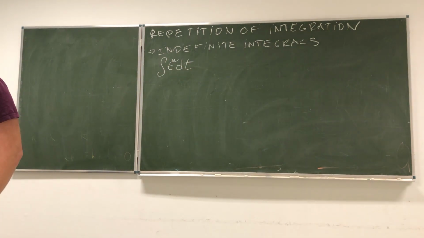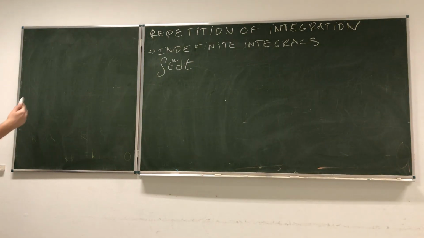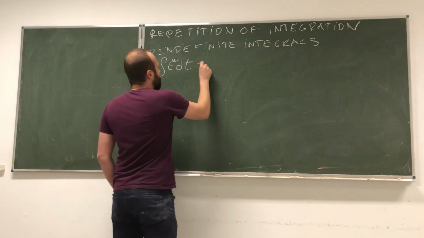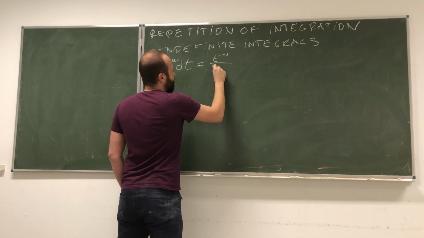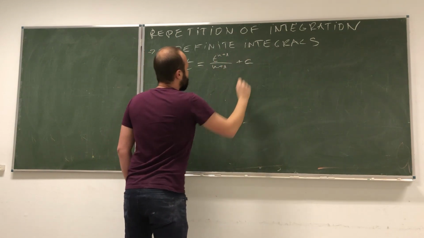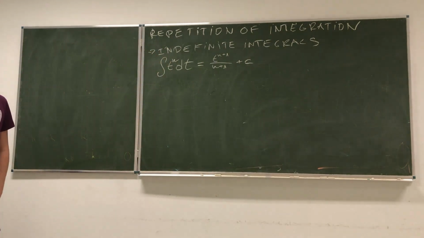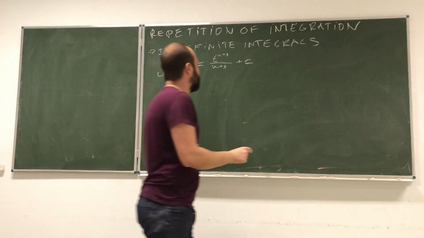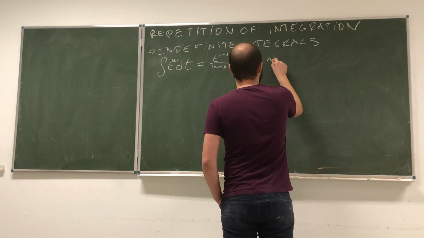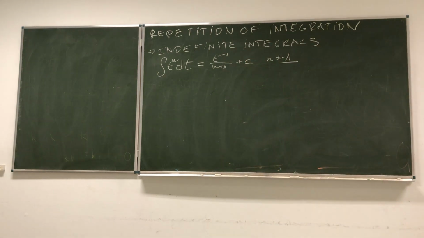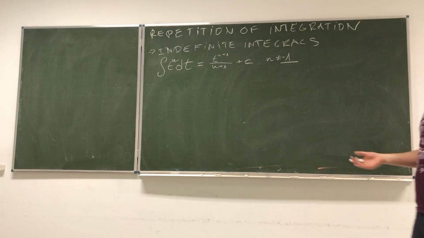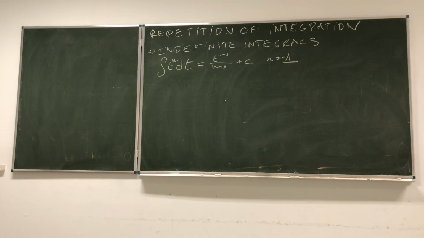As you notice, the only thing that I've changed here is actually x to t, is t to the power n plus 1 over n plus 1 plus c. But of course, right away here, we need to notice that n must be different than negative 1. Of course, I hope you remember, for 1 over t, we have a special formula, logarithmic formula.